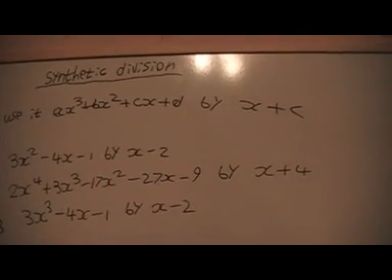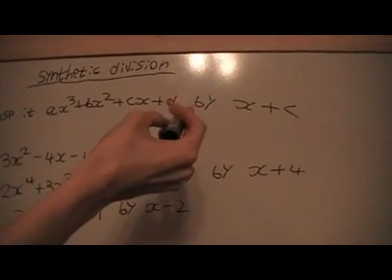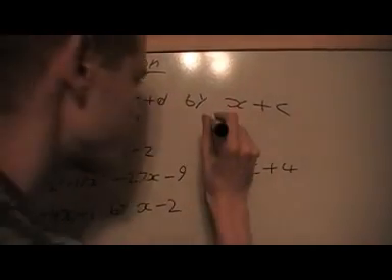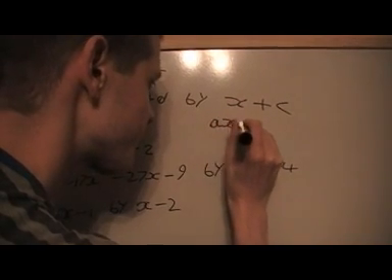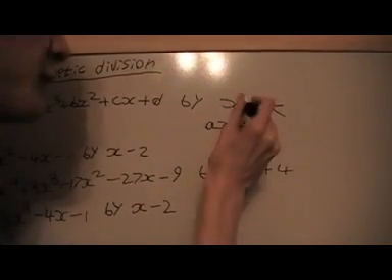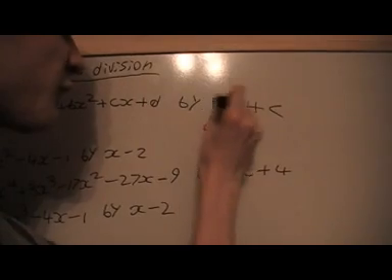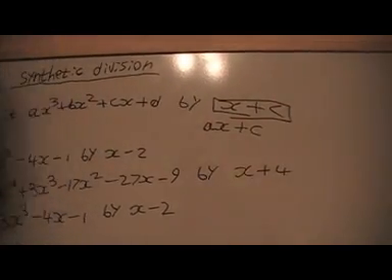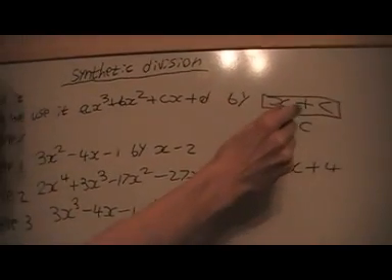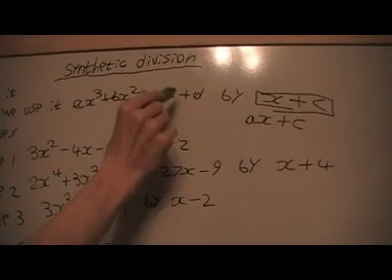Now, you can't use synthetic division if we have a coefficient in front of the x here. We can only use it if we're dividing by a function of this form here, where this c here is obviously a constant and that d is a constant d.